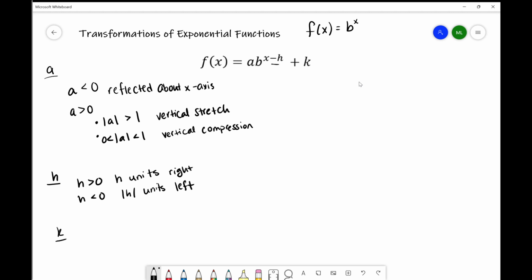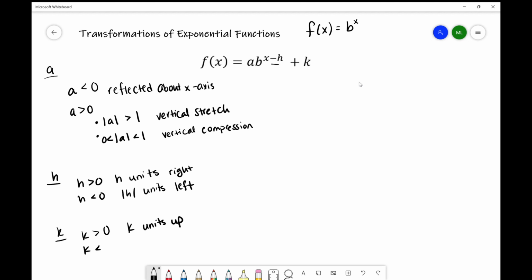It's what I'm adding to or subtracting from the whole function, depending on whether k is positive or negative. If k is positive, I'm going k units up. I don't want to say it's your y-intercept in this case; we have to look at some examples and then you'll see.